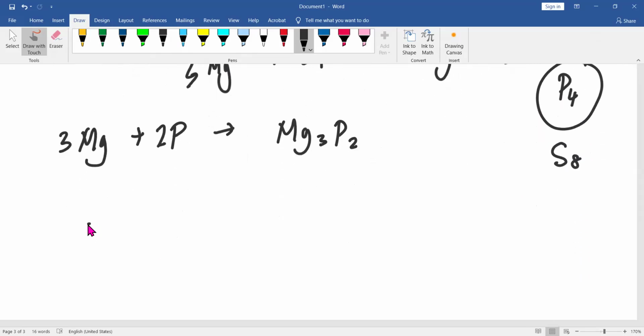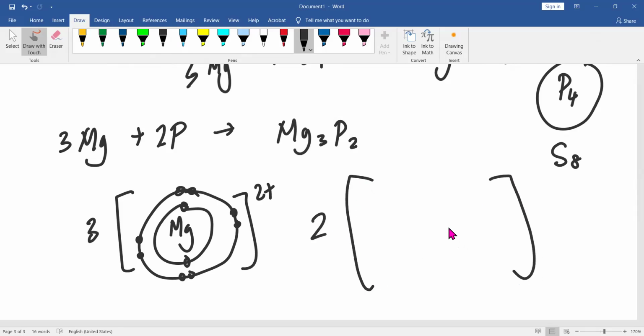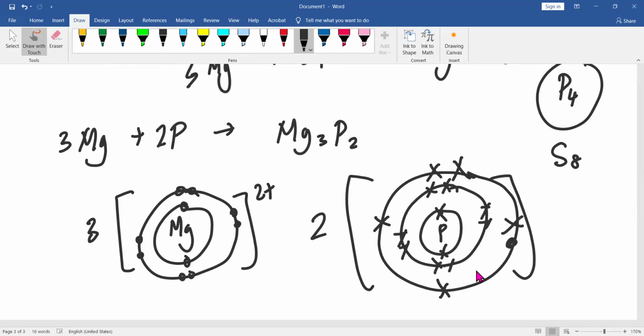So how will this look? Mg, then phosphorus, 2, 8, 5. 1, 2, 3, 4, 5, 6, 7, 8, 3 negative. Do you all get it now?